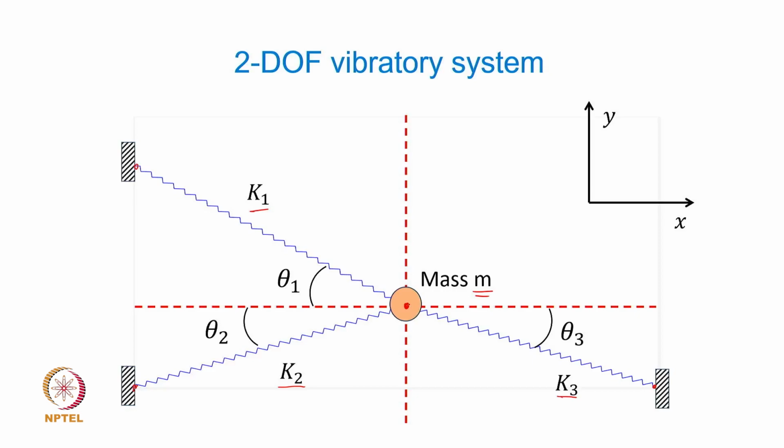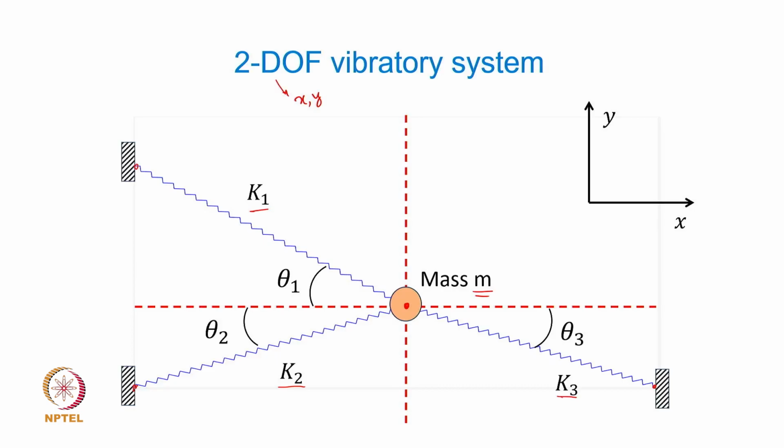Since it being a point mass, there is no angular displacement associated with mass m. Okay, it only translates along x and y direction. So, these are the 2 degrees of freedom. The 2 degrees of freedom are x and y, independent degrees of freedom.